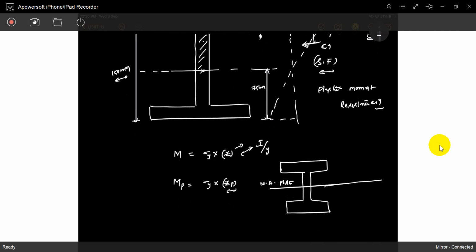So it is exactly the equal area axis only.